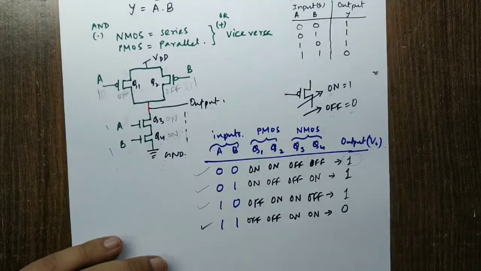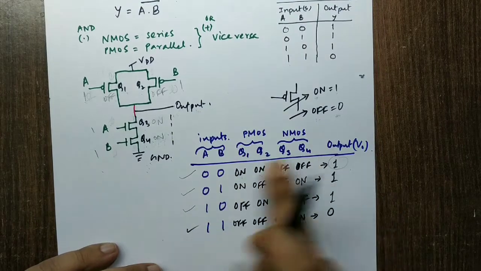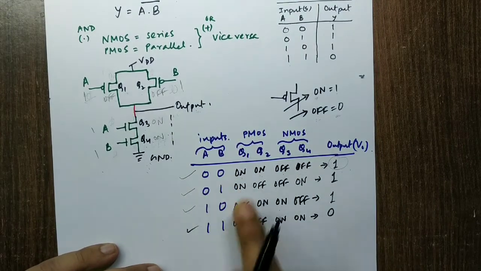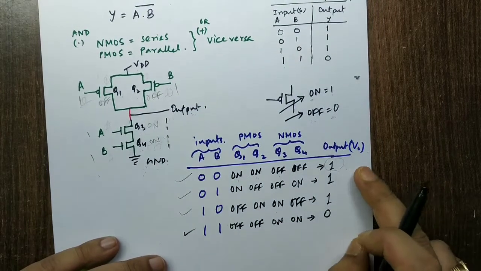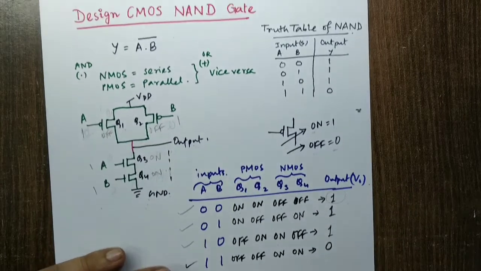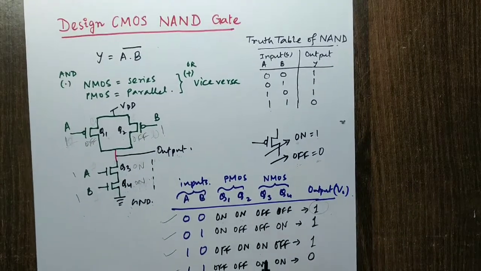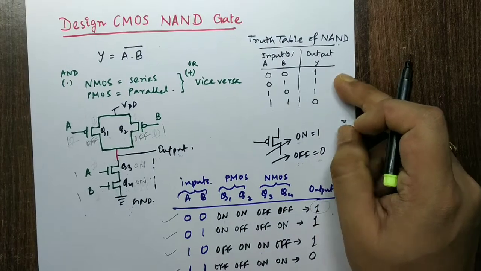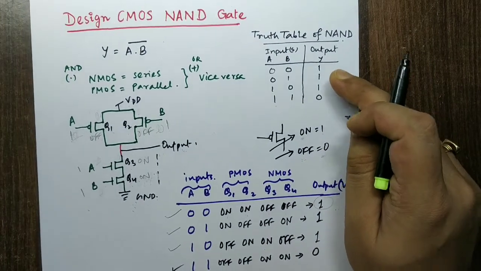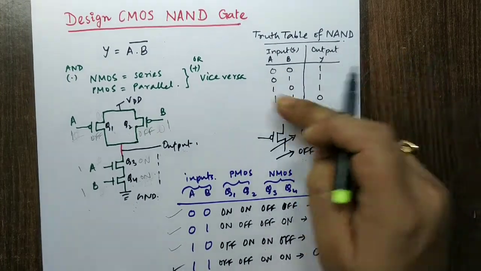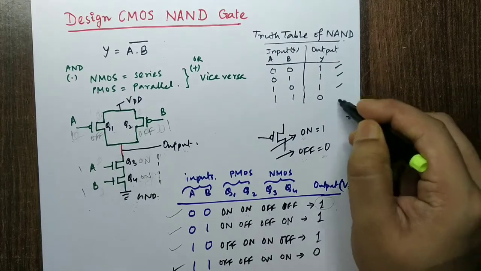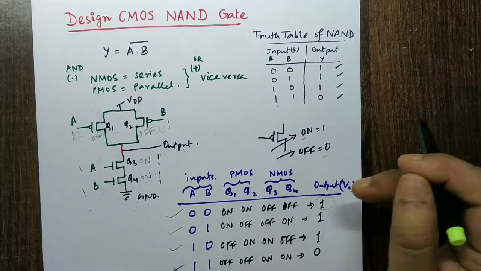So all combinations, all cases are now completed, and for all combinations the NAND gate output will be 1 1 1 0. Let me match with this. See, this is the digital NAND gate. In the digital NAND gate, what we have seen, this is the truth table of 1 1 1 0. So please check whether this is matching.